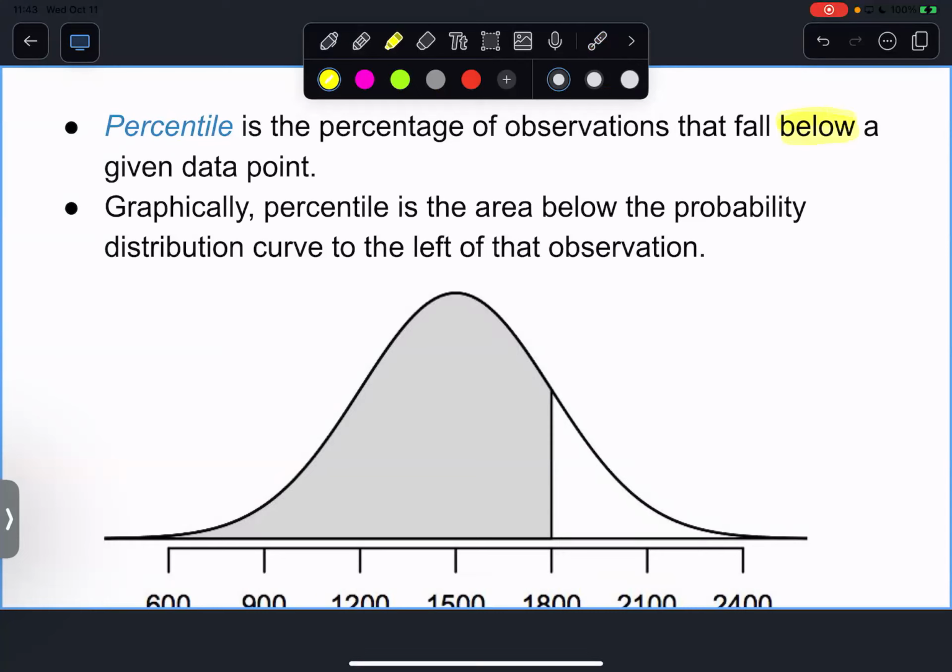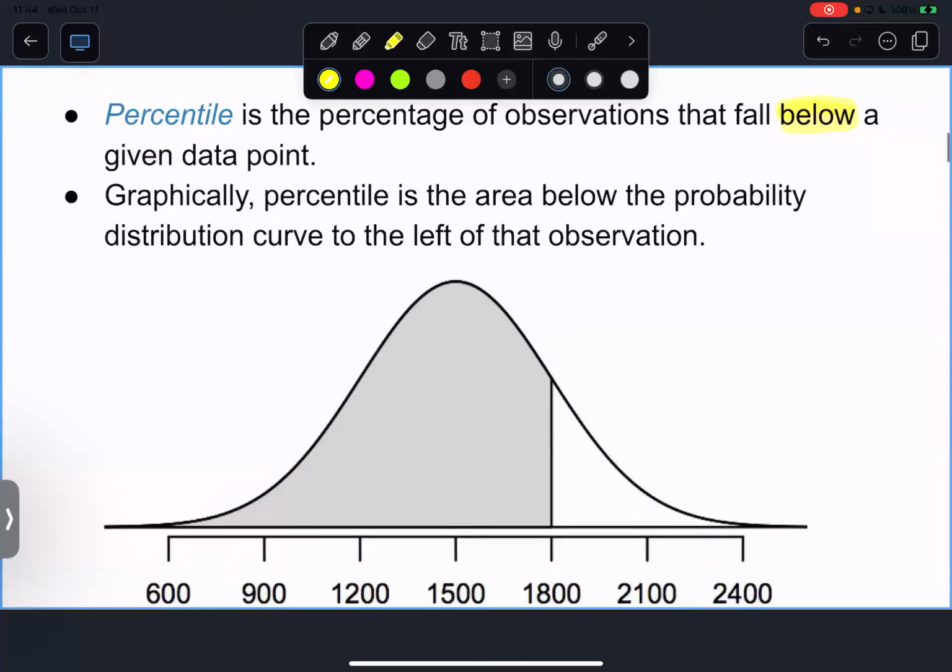If I say I'm in the 10th percentile for IQ, sounds good, but it's not, right? What does that mean? It means that 10% of the population is below me. Uh-oh. So 90% of the population is above me, right? And so you want to be really careful when you talk about percentiles, right? It's always the amount below that value, right?